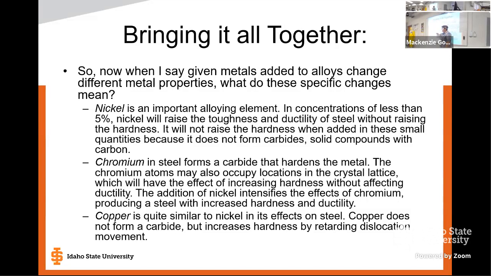What does chromium added to an alloy do for us then? Someone online. So why would you add chromium to a steel? Someone online.